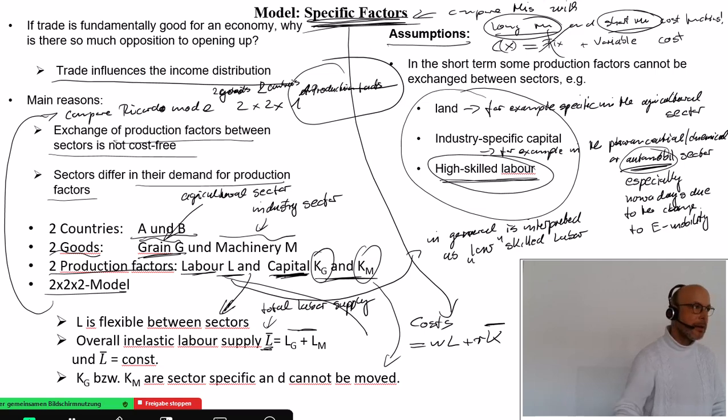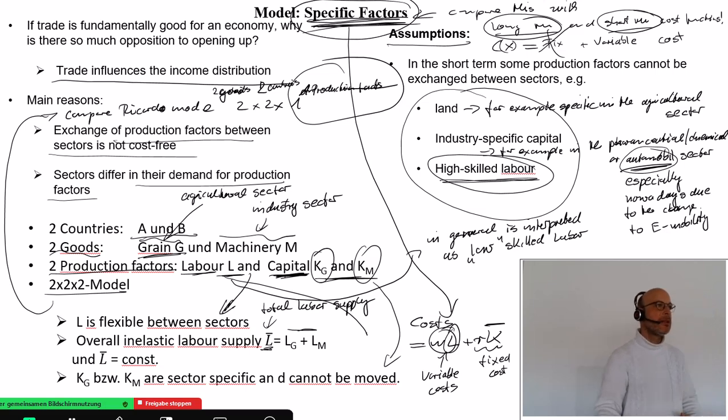But here I introduce a bar, which means when I have invested in this capital, then I have it. I can use it only in my sector. So this is my fixed cost. And since labor is flexible, these are my variable costs. So we have to say this specific factor model is in general a model for the short or medium term, not for the long run.